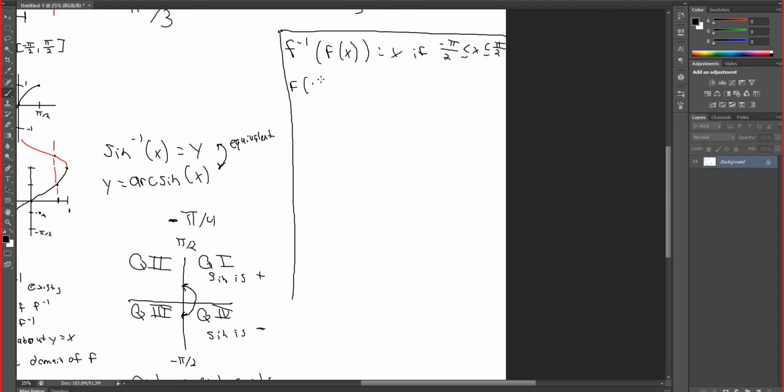And then f of f inverse of x is equal to x if negative 1 is less than or equal to x is less than or equal to 1. So if I were to give us sine inverse sine of, this should be sine inverse, not f. Should actually write this appropriately.